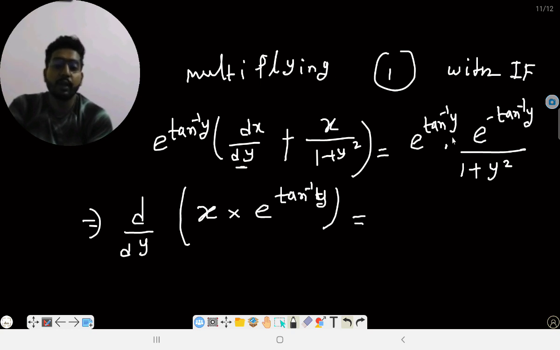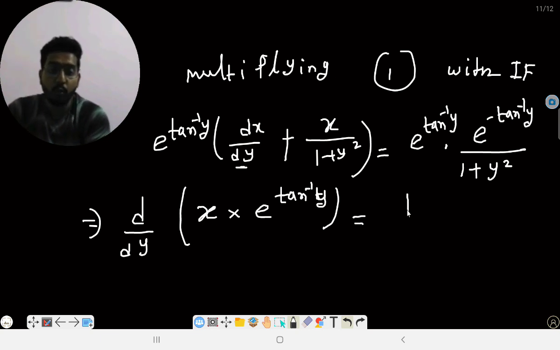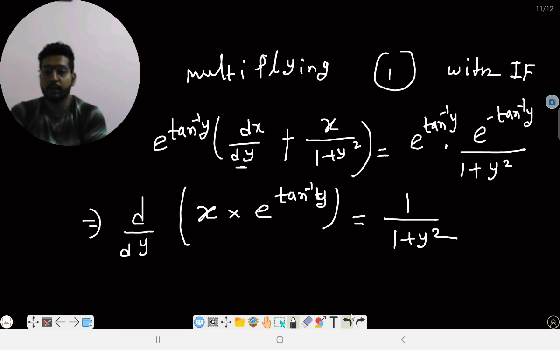The powers will be added, that means tan inverse y minus tan inverse y becomes e to the power 0. E to the power 0 is 1, so 1 by 1 plus y square, like this.